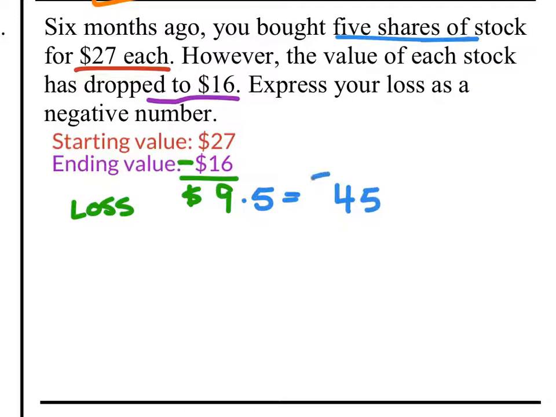Now, to show that it is a loss, I'm going to put the negative sign right there. And this would be the final answer. We're going to show the loss as a negative number. It would be negative $45. And again, I've still shown the label on this one.